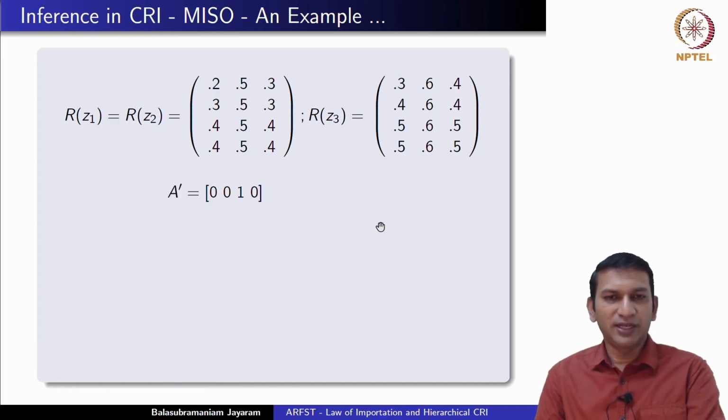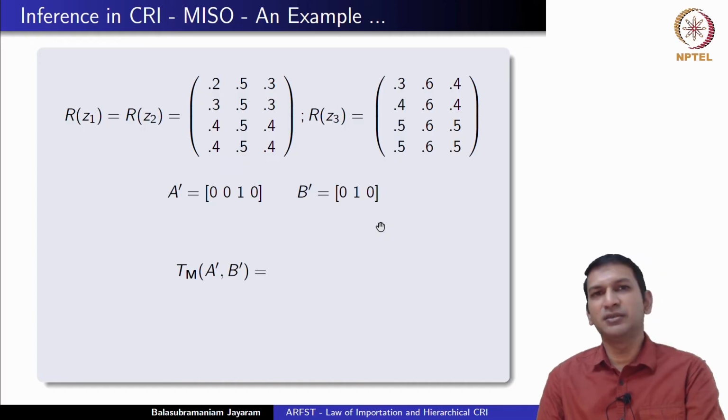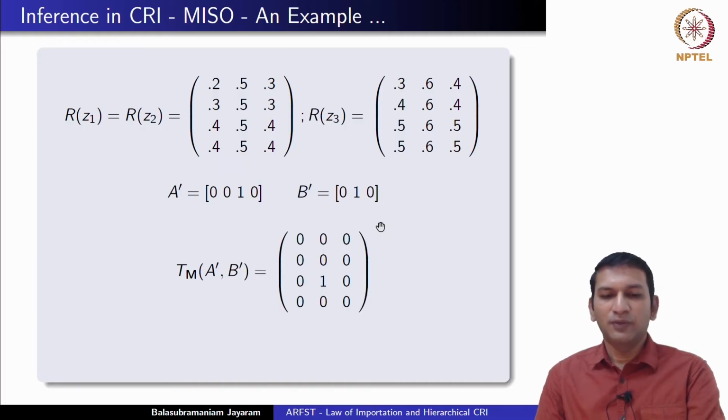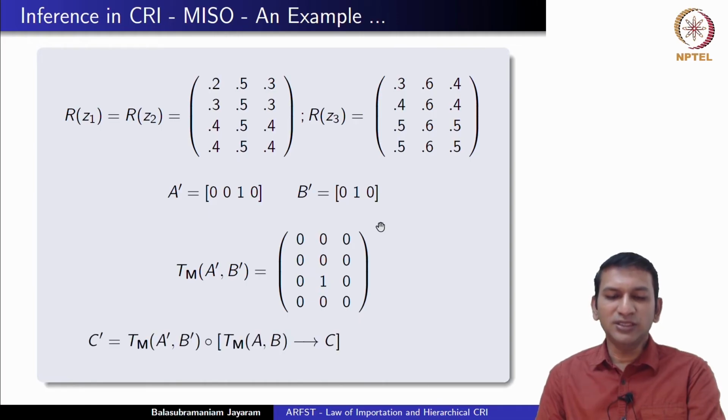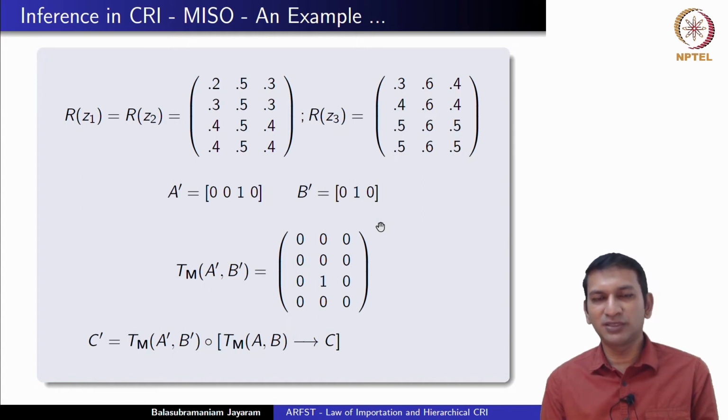Now, given an input A dash B dash, let's assume them to be singleton. Then once again we combine them using the antecedent combiner, which in this case is the minimum T-norm. We obtain this and then use it to compose this 2D matrix with that 3D matrix. If you remember the analogy that we have given, we have 3 2D sheets on which these matrices are, and the scheme of A dash B dash is another sheet.